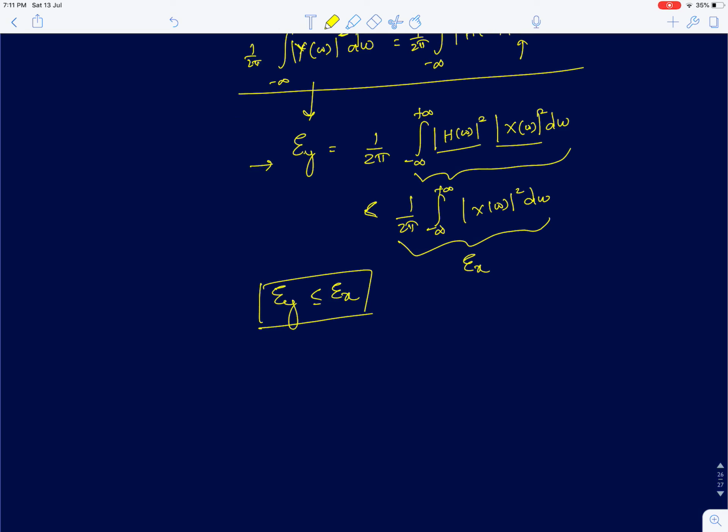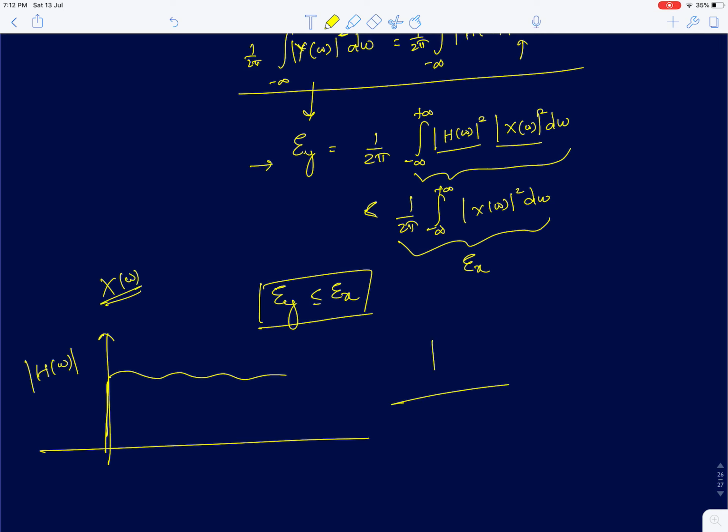Now using that, I am going to use this result and show that, let's assume H of omega has some shape for the magnitude response, and I'll assume that my X of omega is a narrow band signal, meaning its energy is concentrated in a very narrow band of frequencies. First assume that it is between 0 to b, and the energy is entirely concentrated in this small band of frequencies.